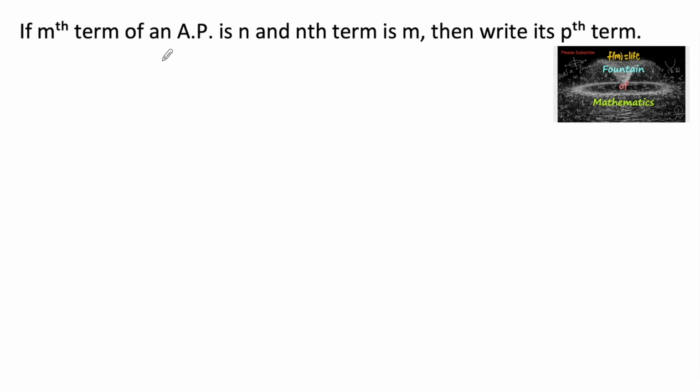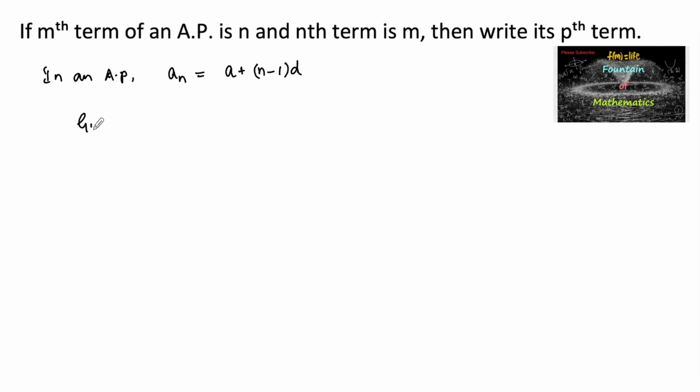If the mth term of an AP is n and the nth term is m, then write its pth term. In an AP, the general term an is given by a plus n minus 1 into d, where a is the first term and d is the common difference.